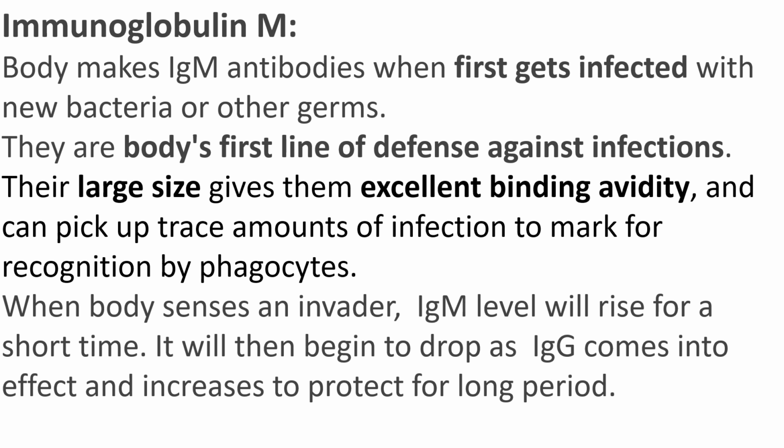So when the body senses any invader, IgM level rises for a short time, and then gradually it begins to drop as IgG comes into effect, and then there is a rise in the IgG, and IgG protects the body for a longer period.